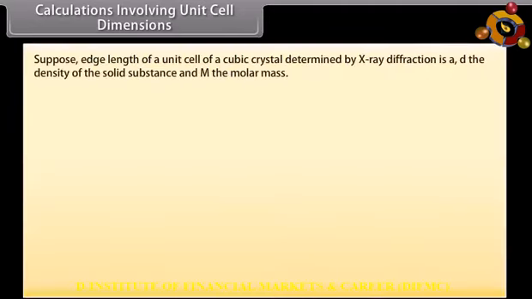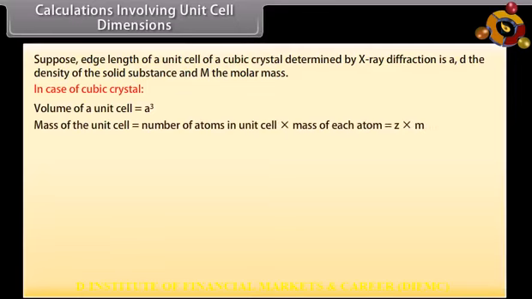Calculations involving unit cell dimensions. Suppose the edge length of a unit cell of a cubic crystal determined by X-ray diffraction is a, d the density of the solid substance, and M the molar mass. In case of a cubic crystal, the volume of a unit cell is equal to a cubed.